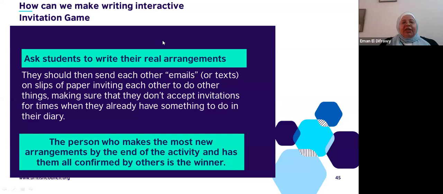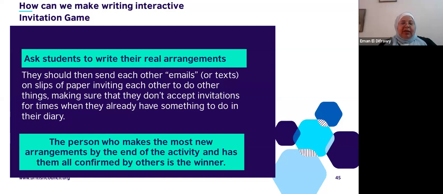Also, the invitation game, and this could be done in class or through emails or WhatsApp or through text messages. Ask students to write the real arrangement on a piece of paper, but it has to be real. They could send each other emails, or use one of the blogs to write about their arrangement.